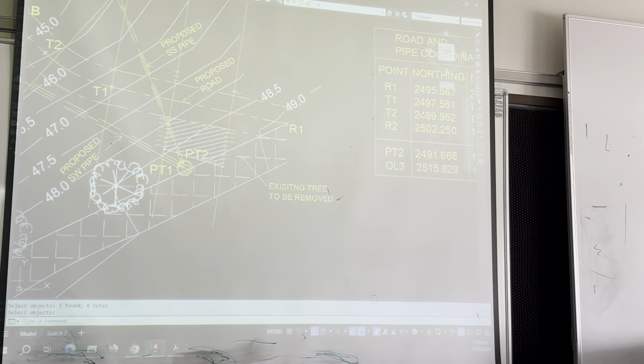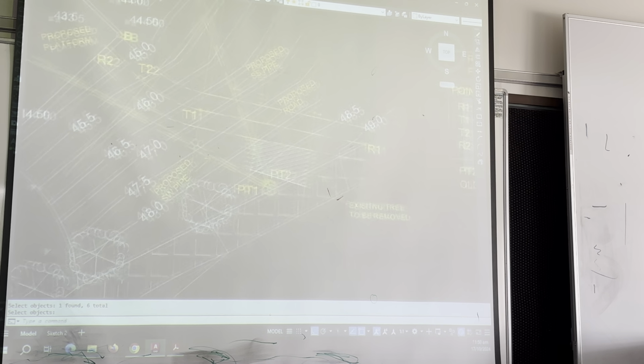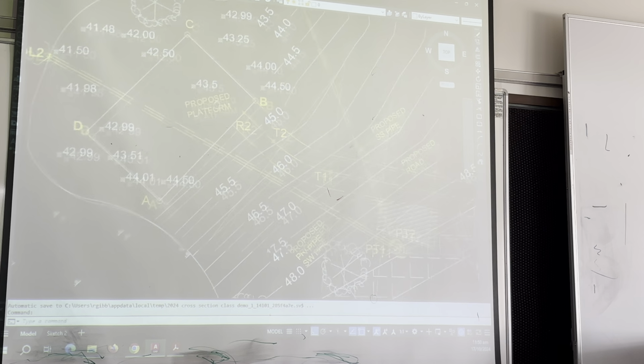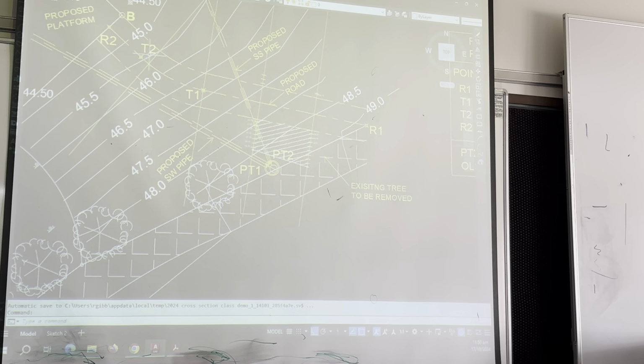Then we need to pick up that tree and whatever level it is on the cross section, okay? I've put there's another tree here, which I think was additional. That will be picked up on that cross section there. Otherwise, there's no other trees you need to worry too much about on the cross sections.